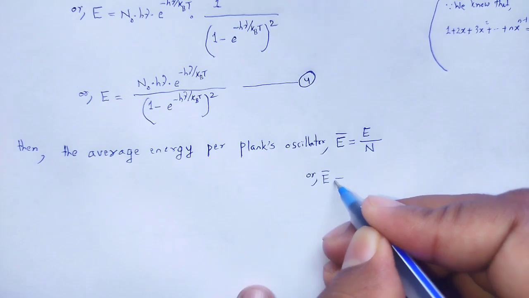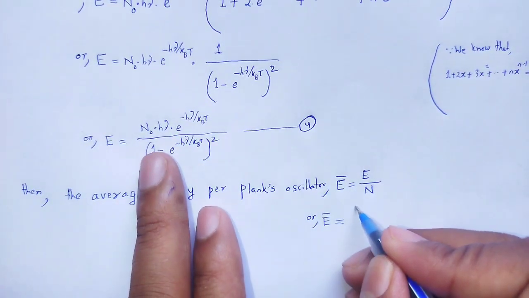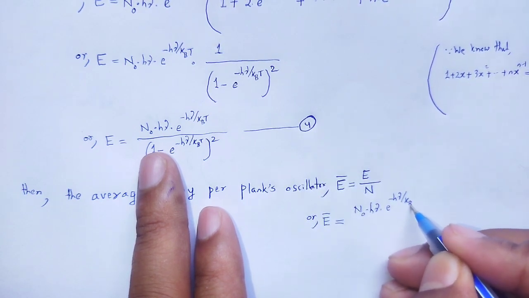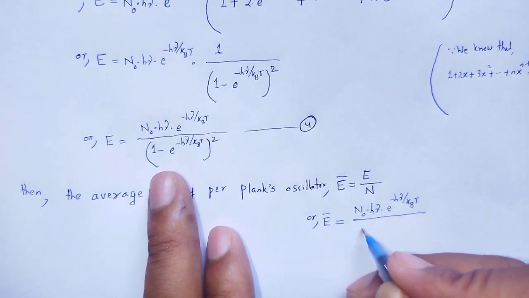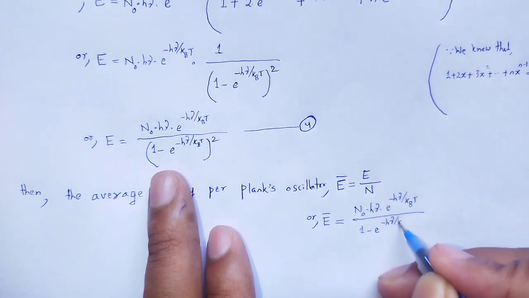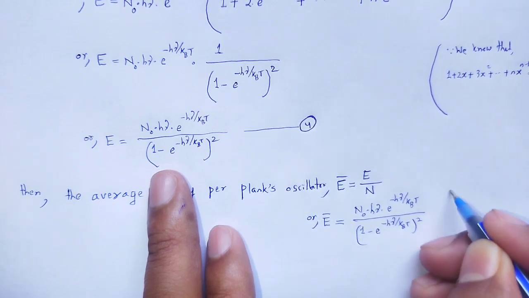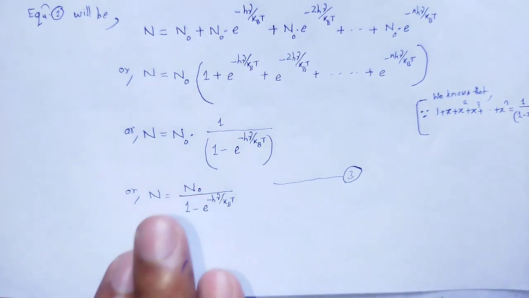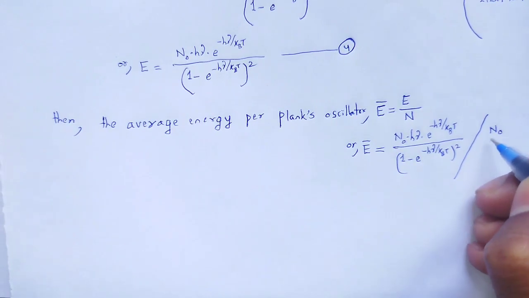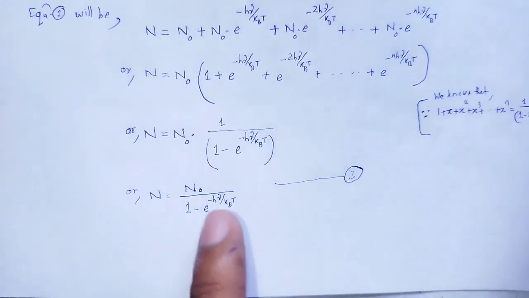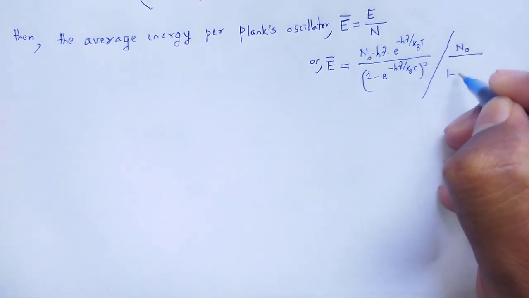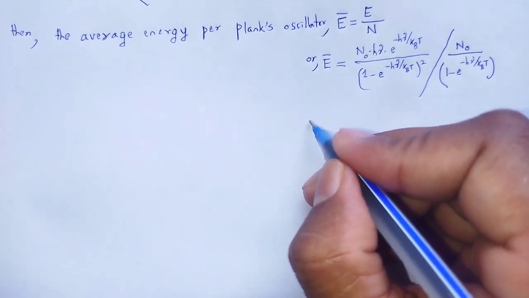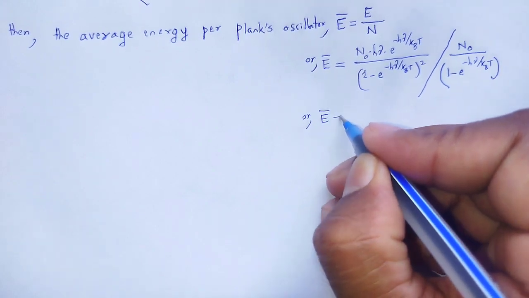Therefore, E average is equal to total energy, that is N0 h nu e to the power minus h nu divided by kBT whole divided by 1 minus e to the power minus h nu divided by kBT whole square, whole divided by number of Planck's oscillators, that is N0 divided by 1 minus e to the power minus h nu divided by kBT, is equal to E average.